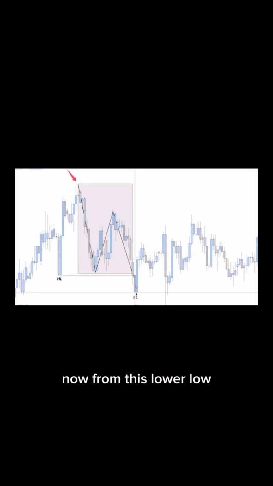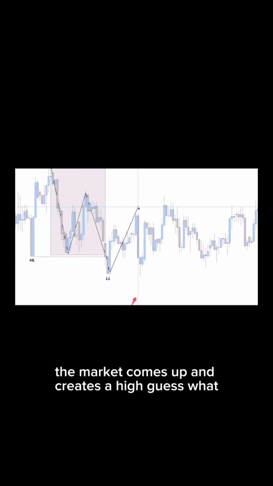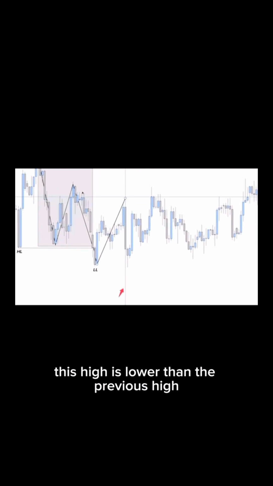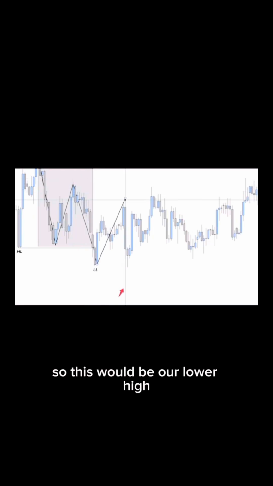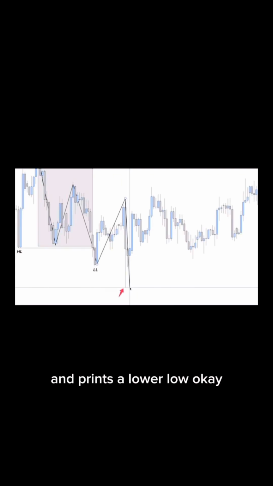Now from this lower low, the market comes up and creates a high. Guess what? This high is lower than the previous high. So this would be our lower high. The market then comes all the way down very quickly to this level and prints a lower low, okay?